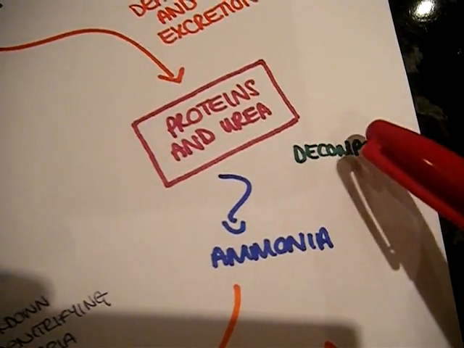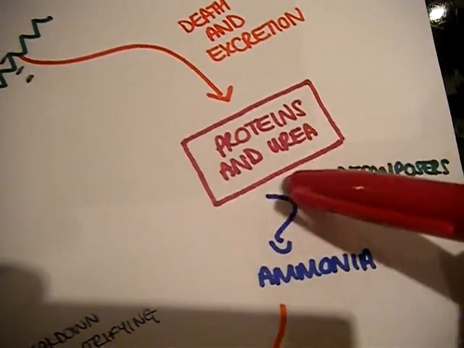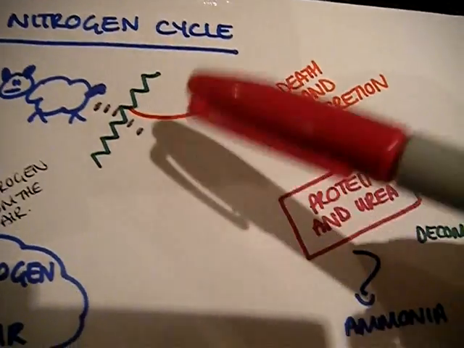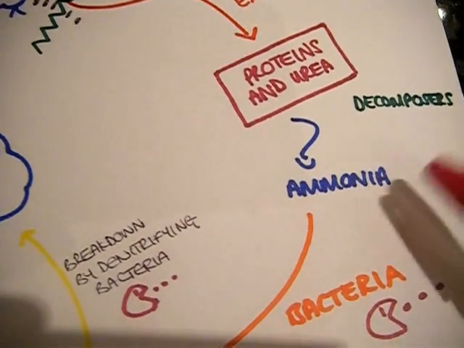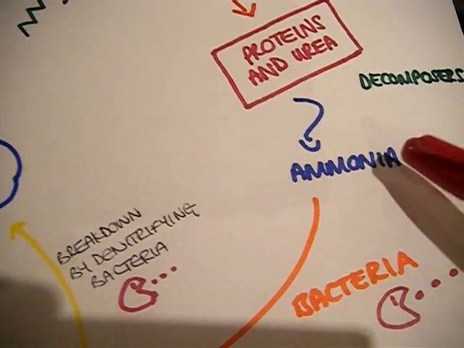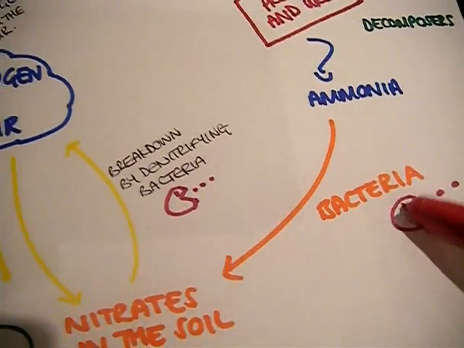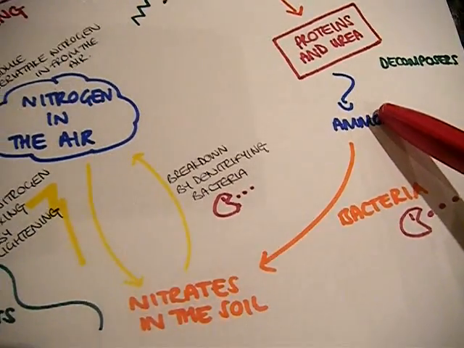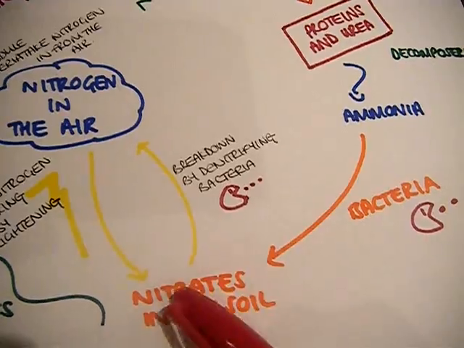Decomposers, which are bacteria, work on the proteins and urea that are in the ground to produce ammonia. Bacteria then come along and turn the ammonia into nitrates.